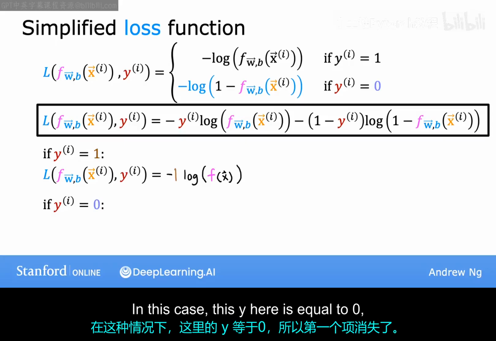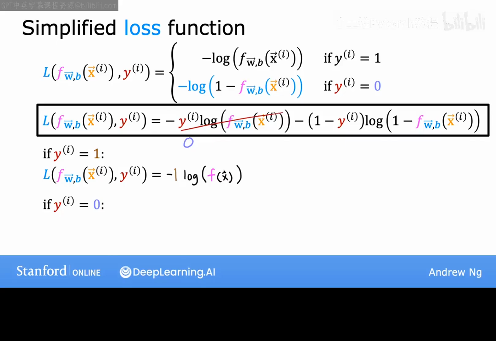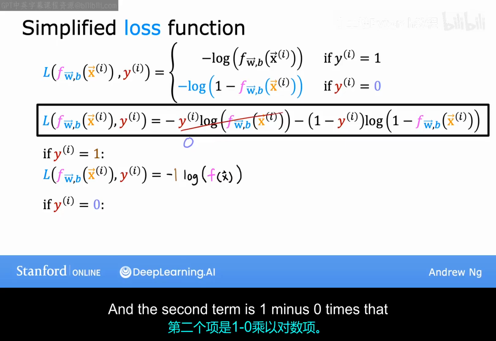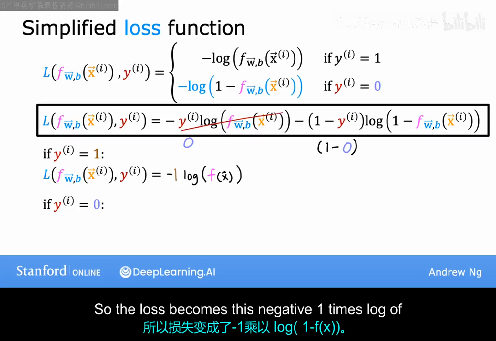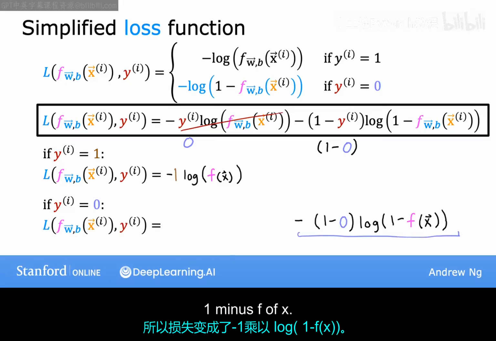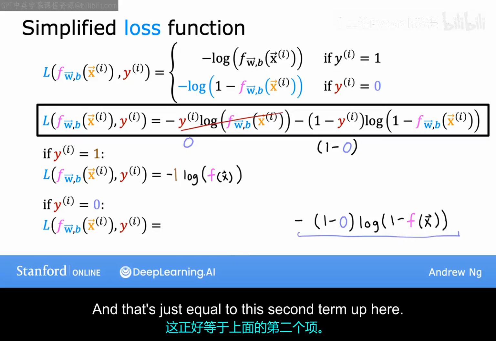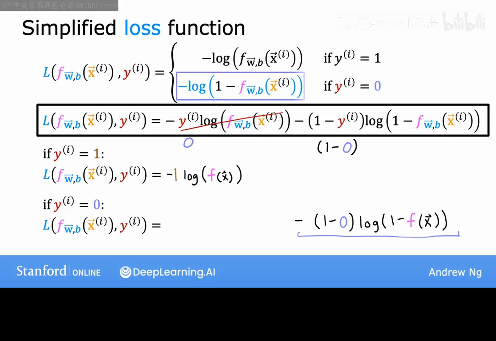Let's look at the second case, when y is equal to 0. In this case, this y here is equal to 0, so this first term goes away, and the second term is 1 minus 0 times that logarithmic term. So the loss becomes this negative 1 times log of 1 minus f of x. And that's just equal to this second term up here.